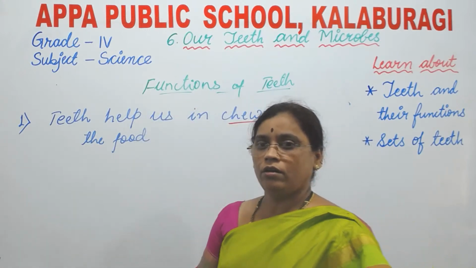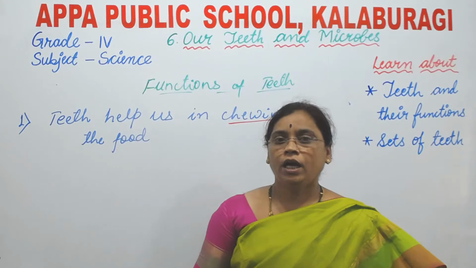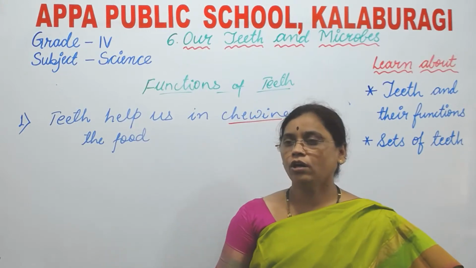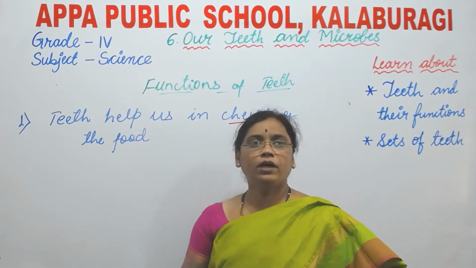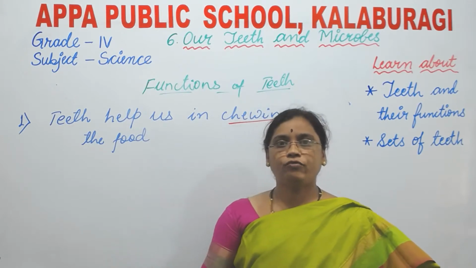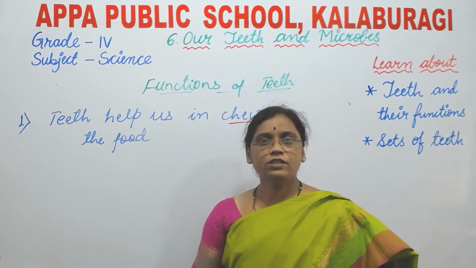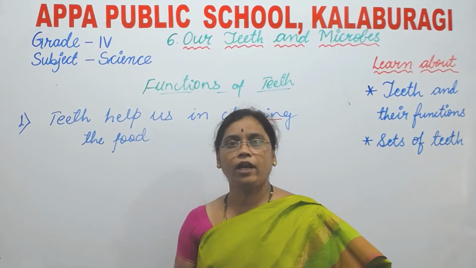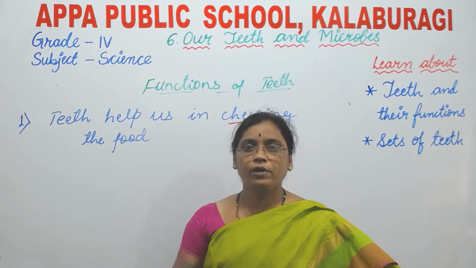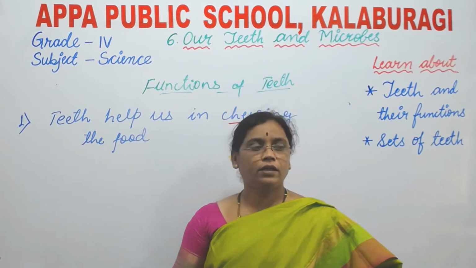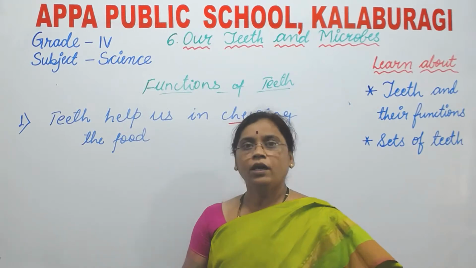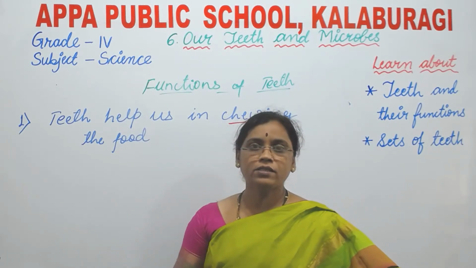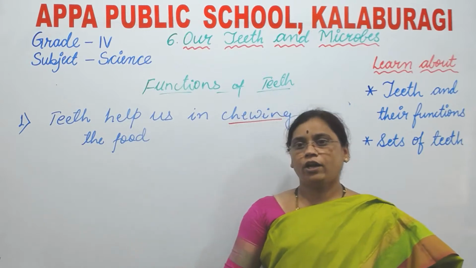You know? See children, we are eating food daily. While eating, we keep the food in our mouth first, isn't it? This food cannot be swallowed as it is. For example, if you are eating a biscuit or a roti or chapati, can you swallow it as it is? No, we cannot swallow.